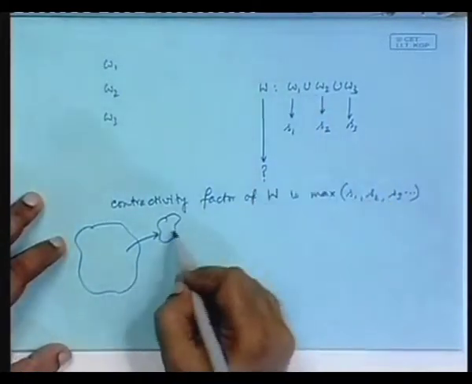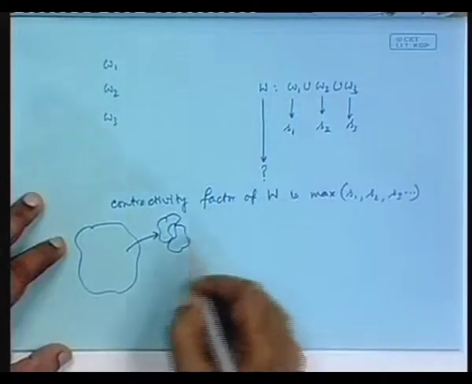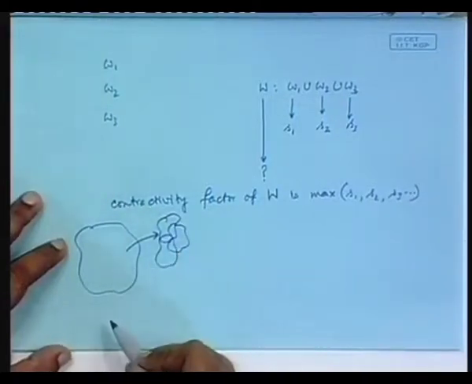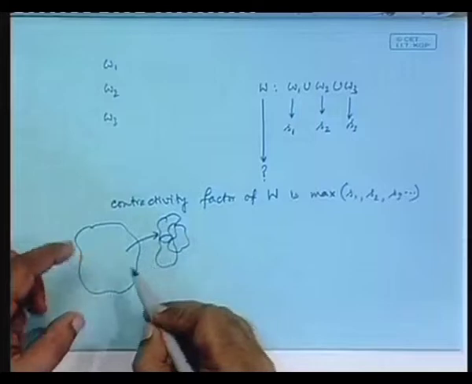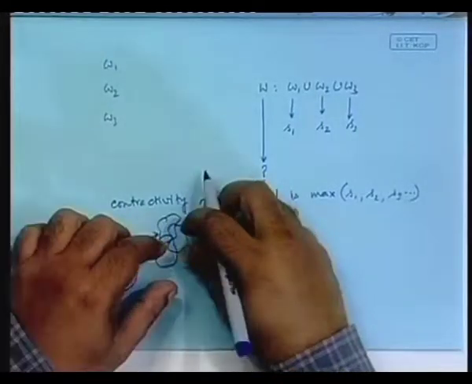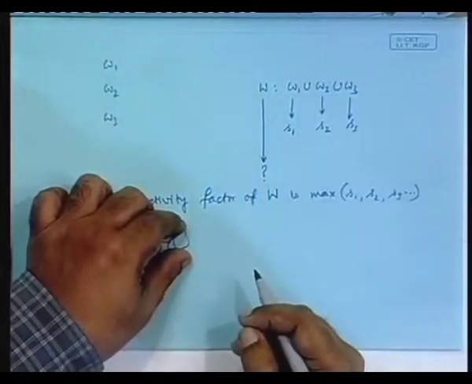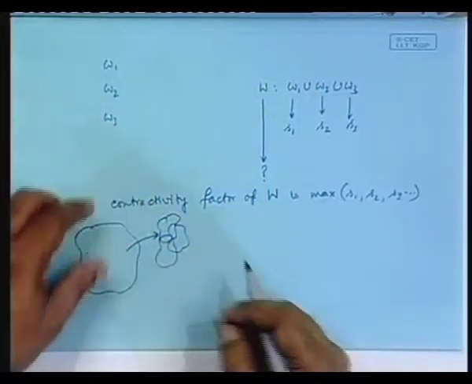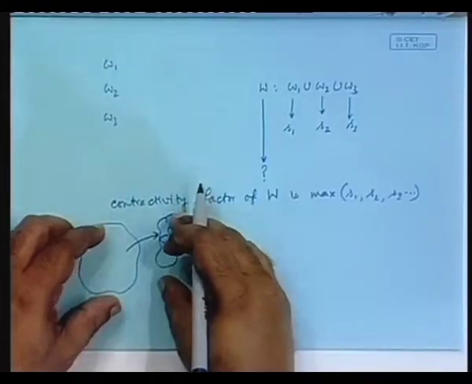With the help of the other one you get another one, with the help of the third one you get another one. The contractivity from here to here is given by the distance between the points, right. It is not how much the total set shrinks, no, that is not the contractivity factor.